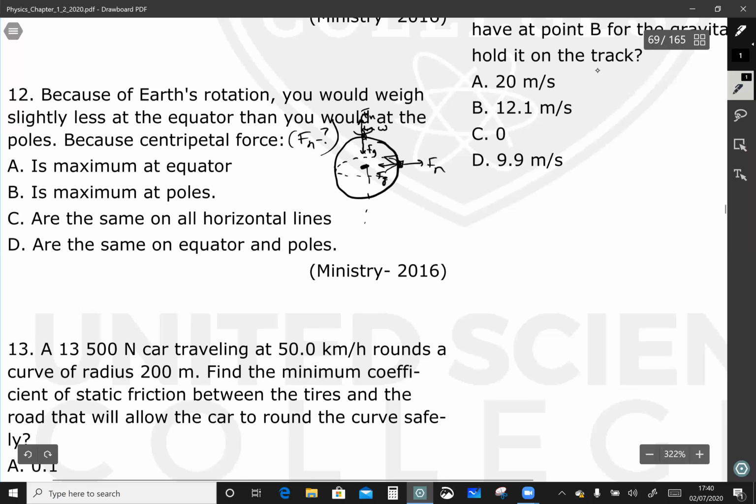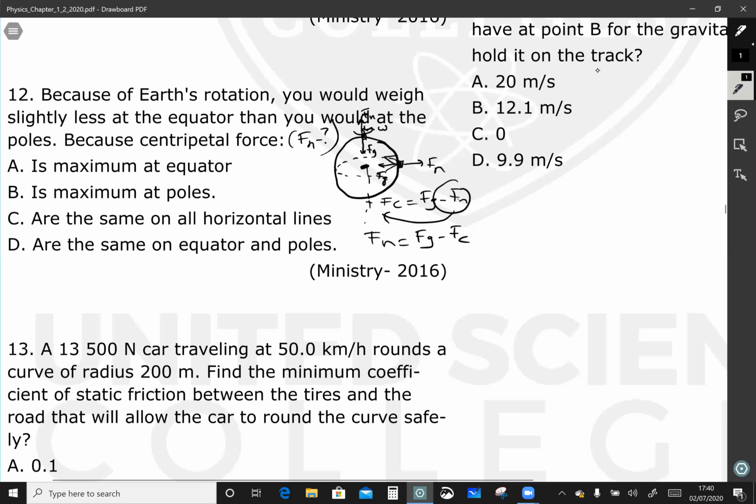So the centripetal force at the equator is Fg minus Fn. Because the scale measures Fn, let's get Fn alone. Moving the negative to the other side as positive, and Fc to the other side as negative, Fn is equal to Fg minus Fc.